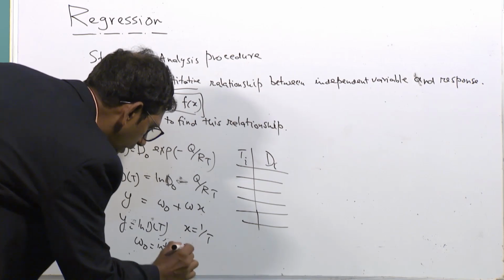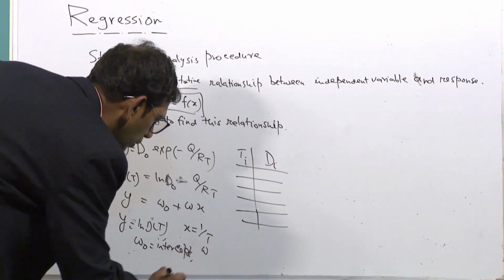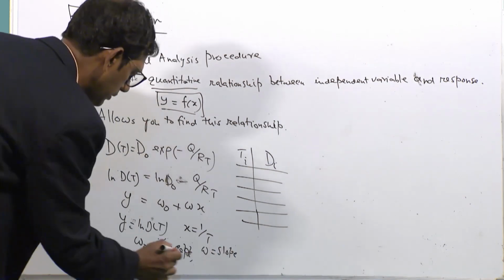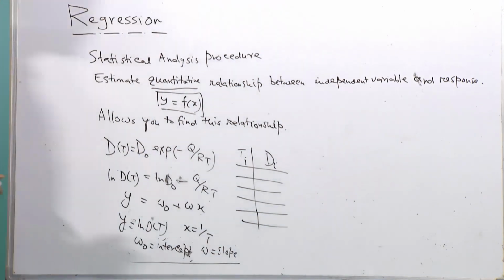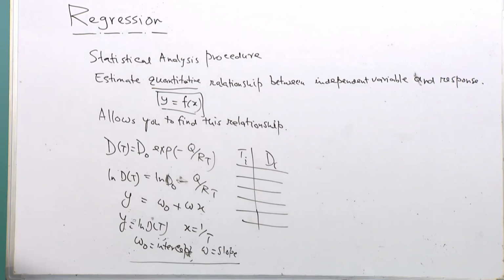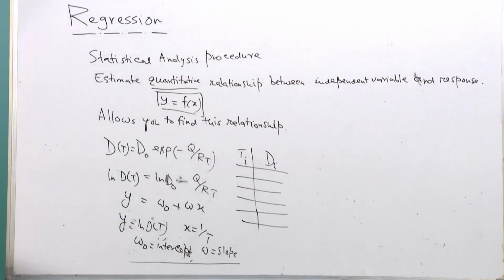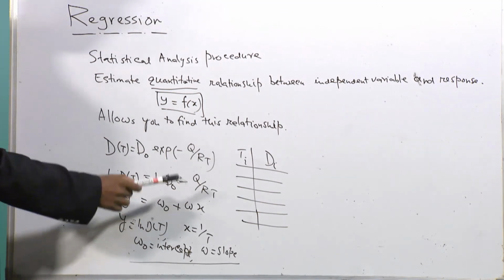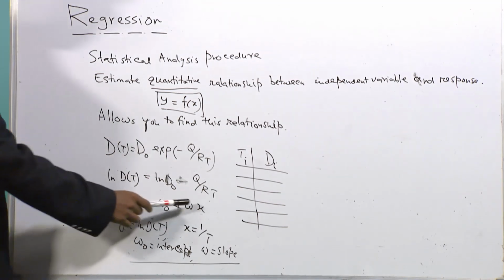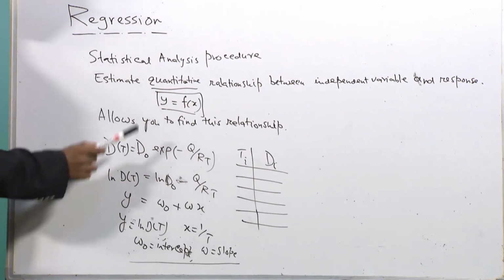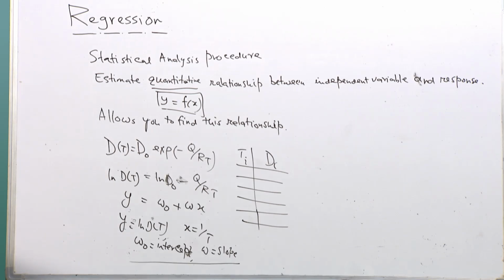You can clearly see that, and W is basically the slope. Am I clear? This can be found out very easily. So, your task will be to find out the values of W0 and W. Once you know these two coefficients, the relationship between y and x is known, and for any new value of x, you can predict the value of y. That in a nutshell is what regression analysis is.